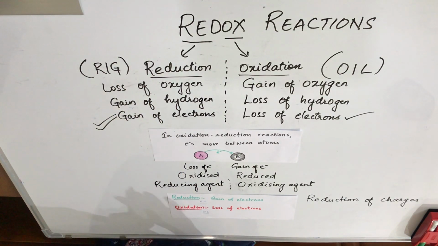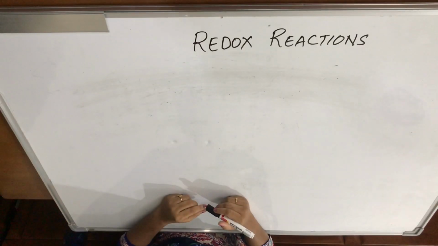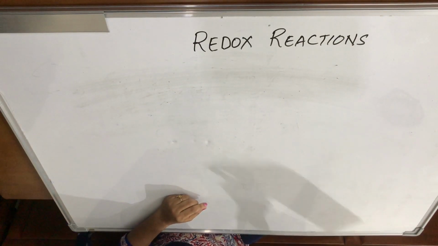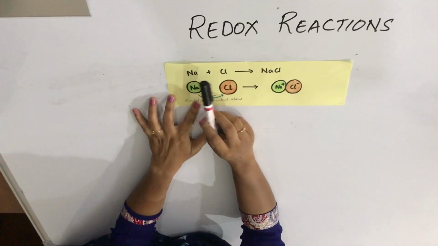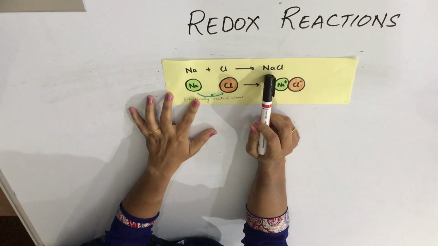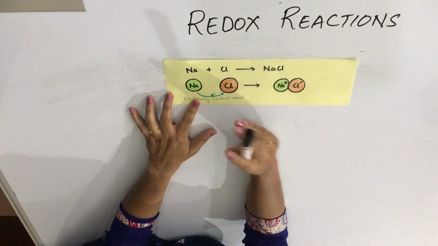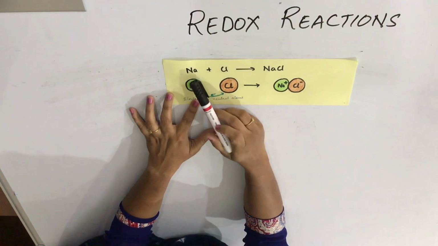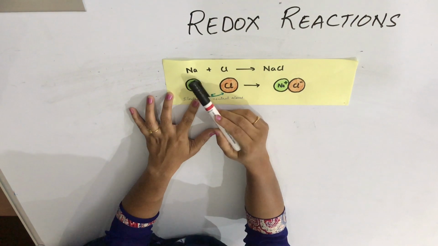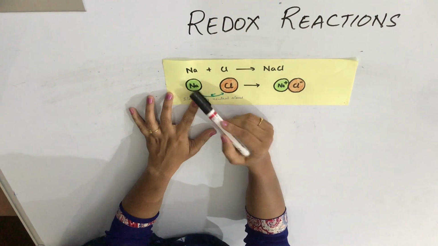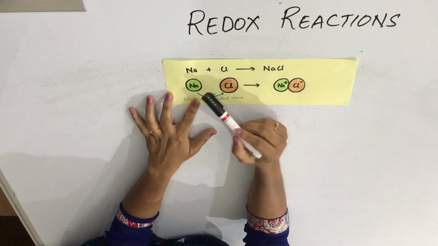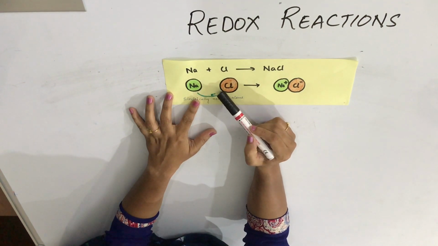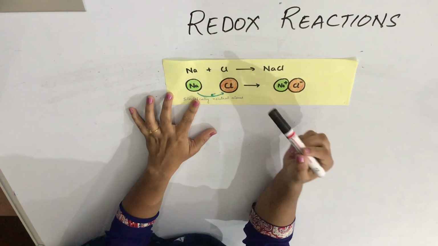Now let us see some examples. In this case, Na and Cl are becoming NaCl. Now how does it happen? Na is a neutral element. Cl is another neutral element. From this, there is an electron transfer.